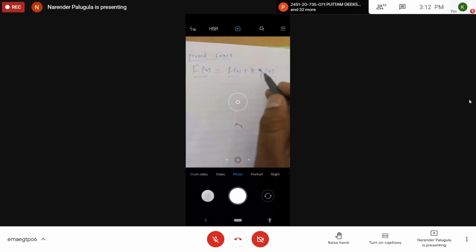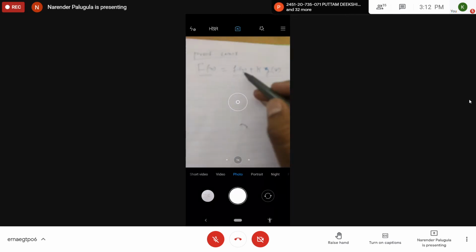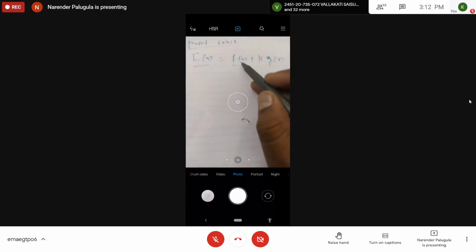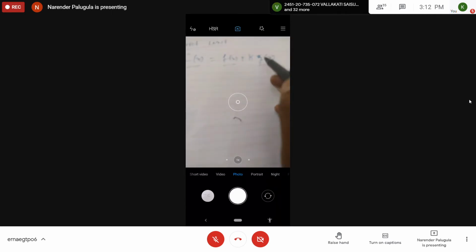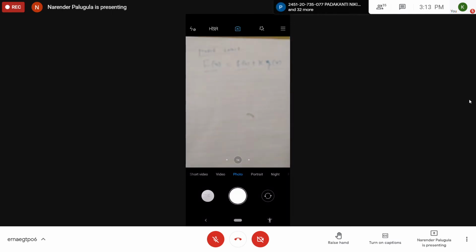These two functions are given, and their nature is also given in the statement: f and g are continuous, f and g are differentiable, and g dash is not equal to 0. These three conditions we have to take as given. By taking these conditions, we have to show that there exists a point C belonging to (A, B) such that f dash C by g dash C is equal to f of B minus f of A by g of B minus g of A.